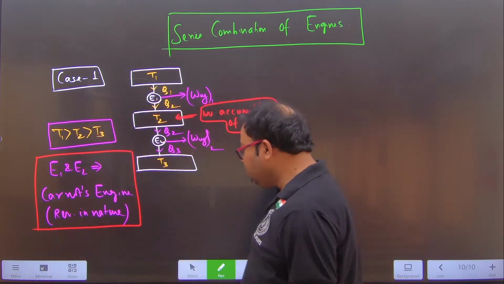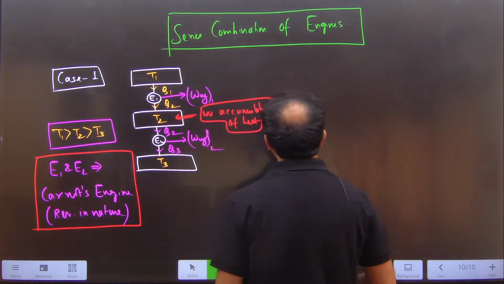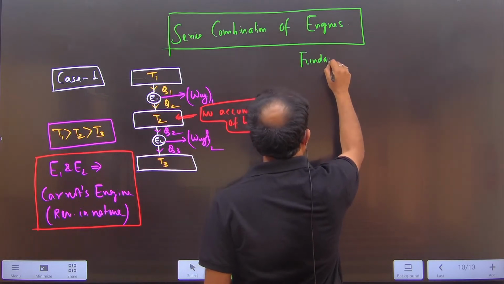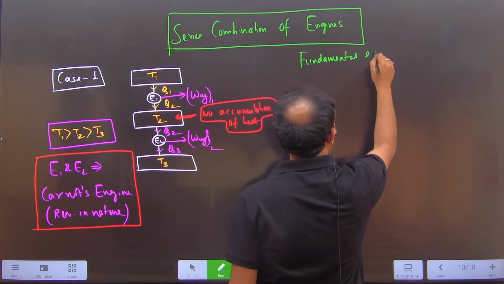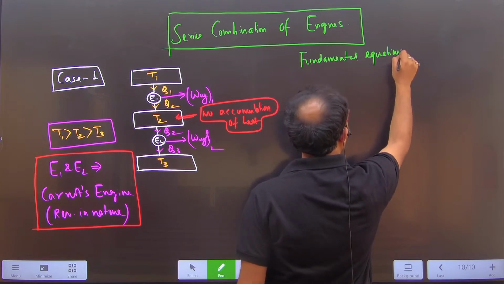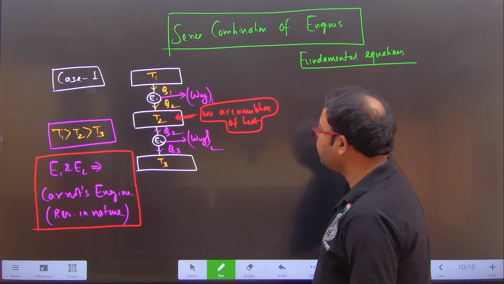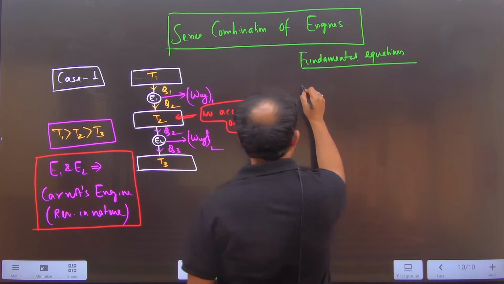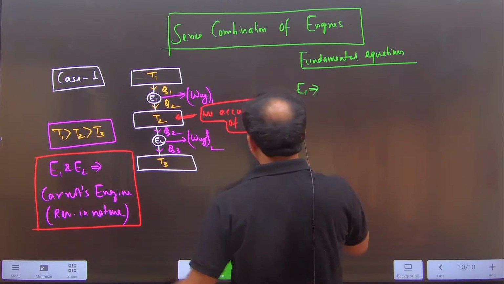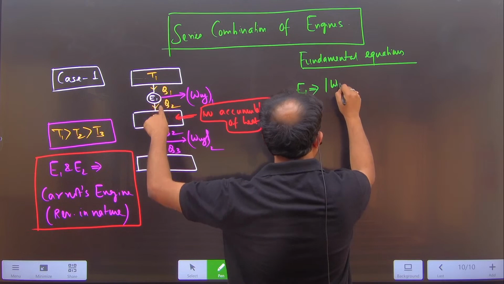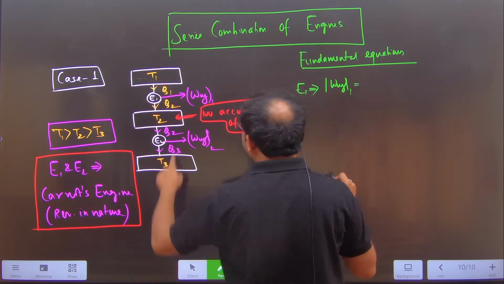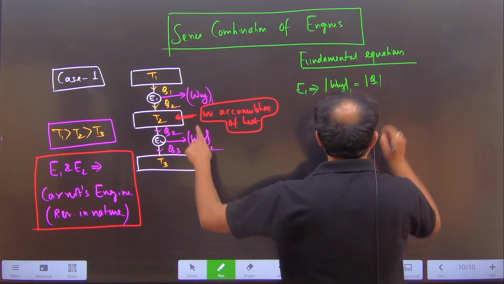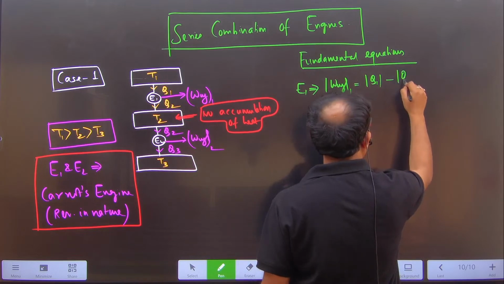So let us write down the fundamental equations at first. What are the fundamental equations? For E1, you have got mod W cyclic 1 equal to mod of Q1 minus mod of Q2.